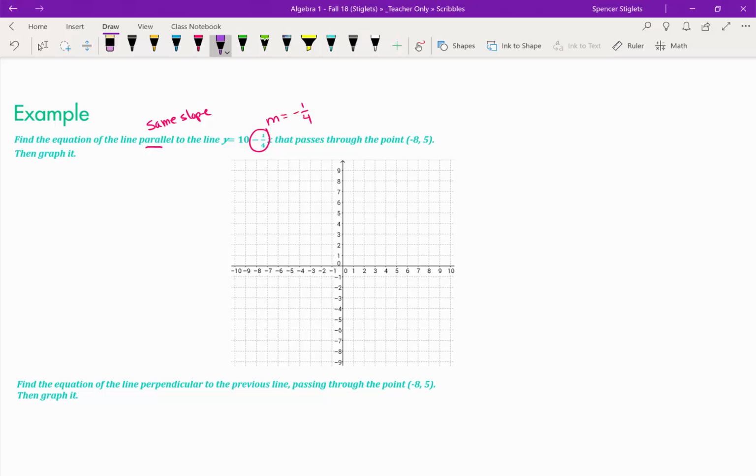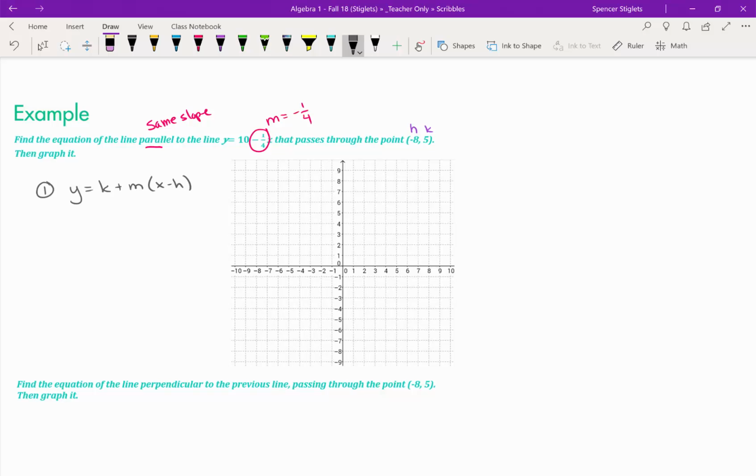And we're told a point where we currently are: we're at -8, so that would be h, and k would be 5. So all we have to do is write this equation. It's the simplest thing in the world. Step 1, write the form: y equals k plus m times x minus h.